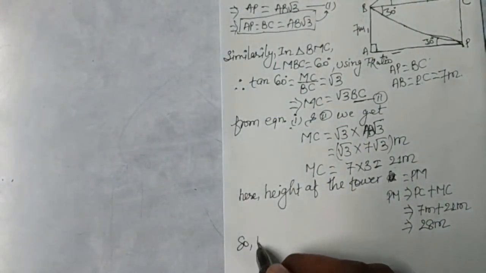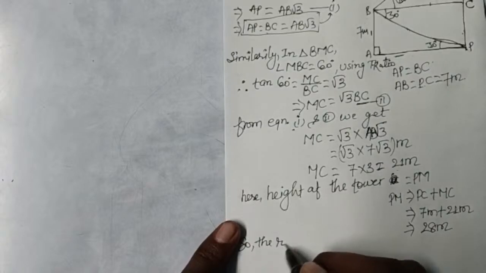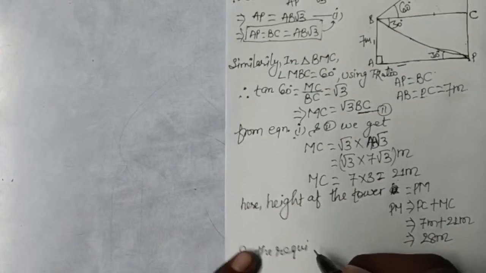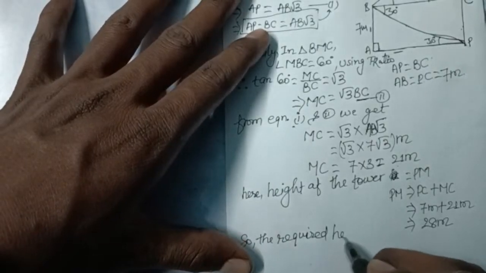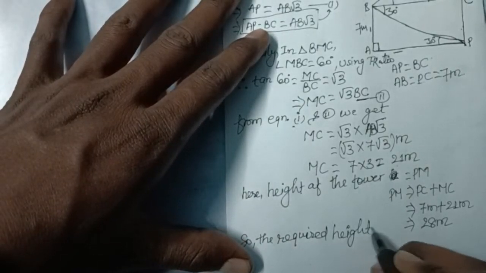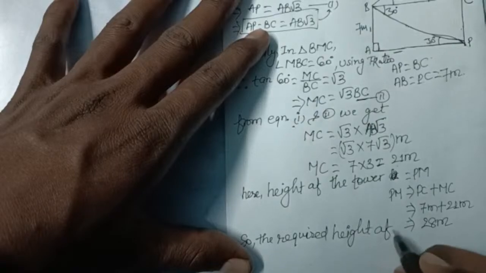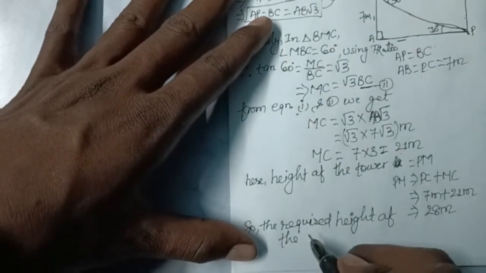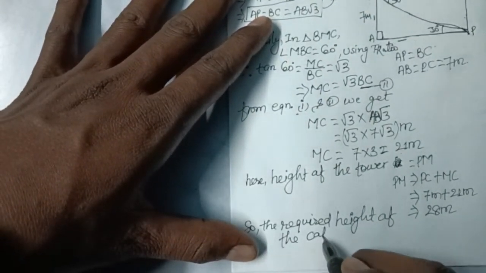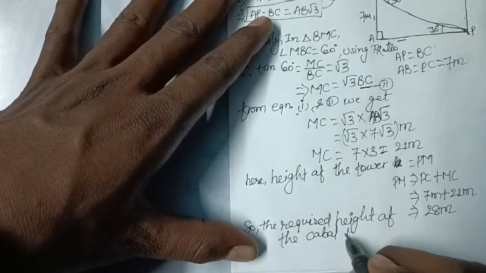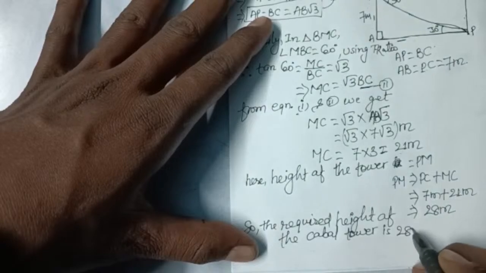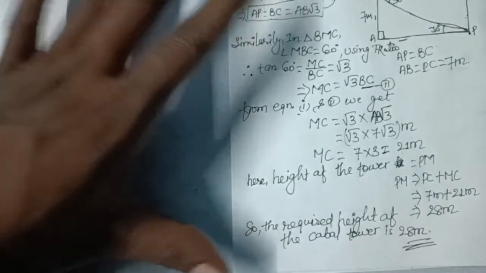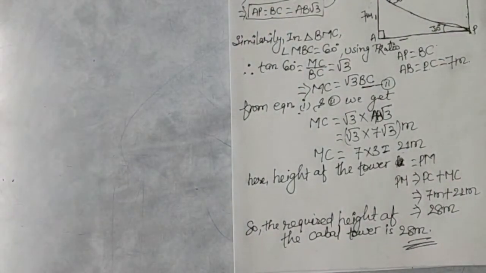So the required height of the cable tower is 28 meter, and this is the answer of question number 12 of NCERT.